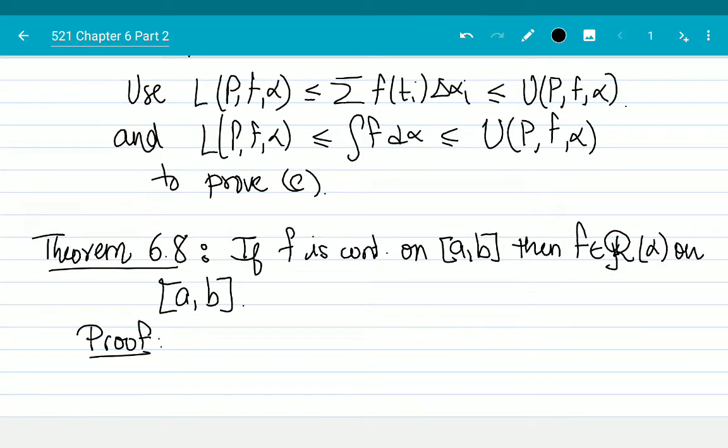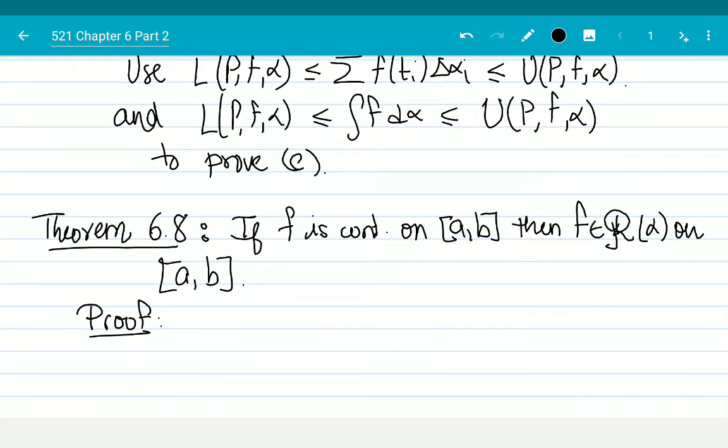This one's relatively easy. Note, f is continuous on closed interval ab means that it is actually uniformly continuous on this interval. So let epsilon greater than 0 be given.